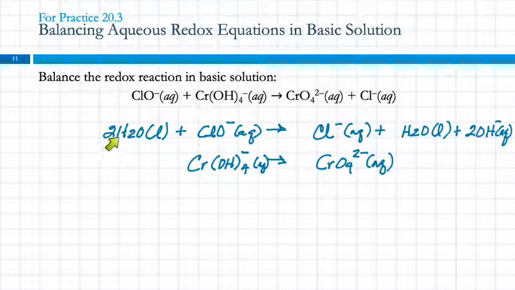So 2 times 2, 4 hydrogens, 2 and 2, 4 hydrogens. 2 oxygens and 1 is 3 oxygens, 1 and 2, 3 oxygens, 1 chlorine. All my atoms are balanced.